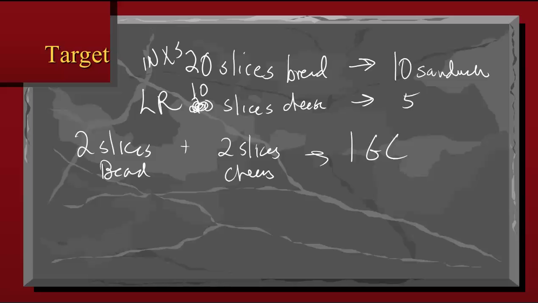Would it be better if we use the expensive one in excess? No, because do you really want your leftover to be the more expensive one? If you're in McDonald's and you know that you're going to need to make 500 burgers, do you want to have too much bread at the end of the day or too much meat?